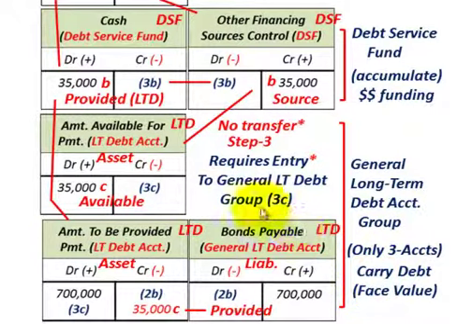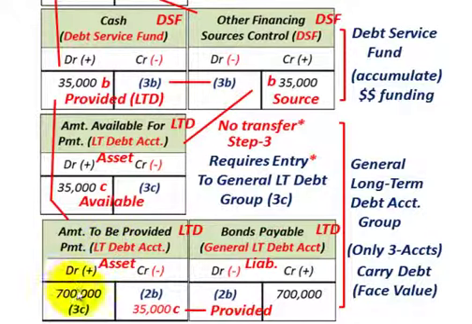And those accounts would be, let's look at them here: the amount to be provided for payment of the long-term debt when we issued that bond, and then we had our bonds payable for the long-term debt in the long-term debt account group.